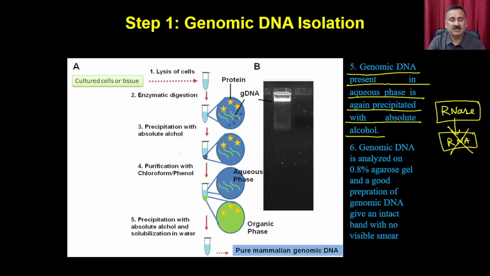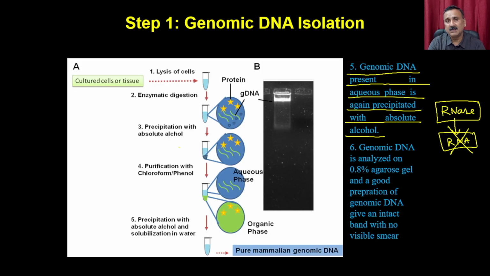So, in that purification step, you are going to add the phenol chloroform mixture, and when you add the phenol chloroform mixture, the phenol is going to denature the proteins, whereas the chloroform is going to remove the lipid part. And when the phenol denatures the protein, they will also come into the organic phase.